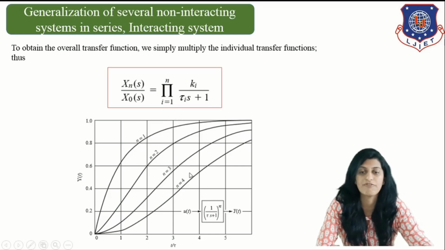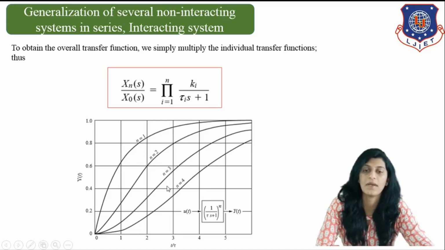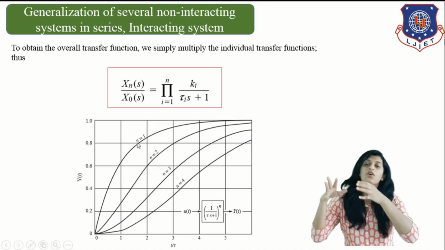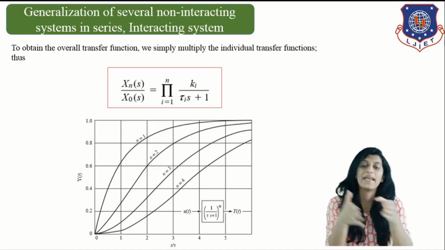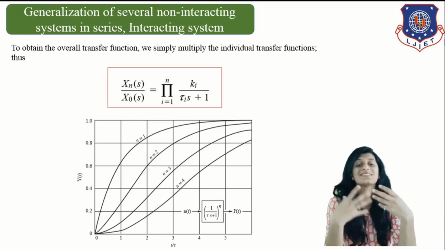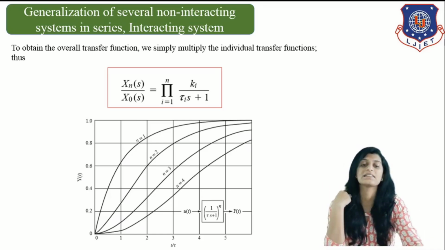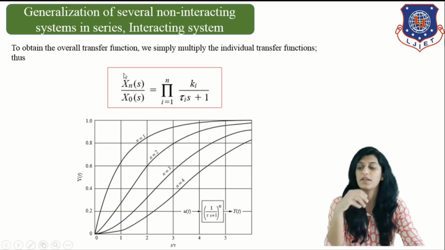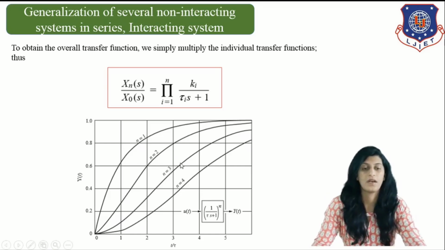And this is the graph which represents how the output changes for the given value of t by tau for n equals 4, n equals 3, n equals 2, n equals 1 and so on. So once you combine the blocks, how the response changes can easily be seen from this graph.